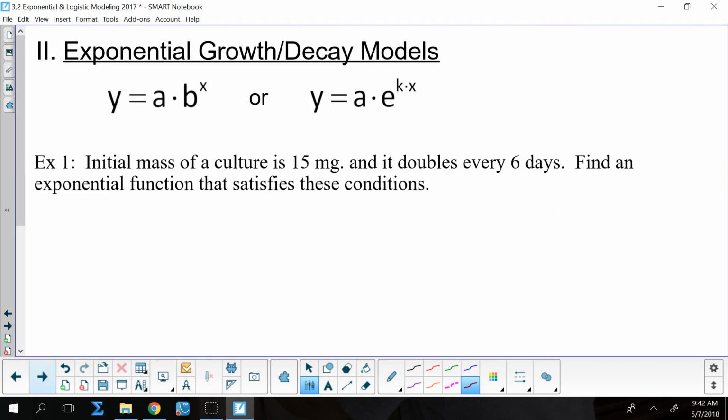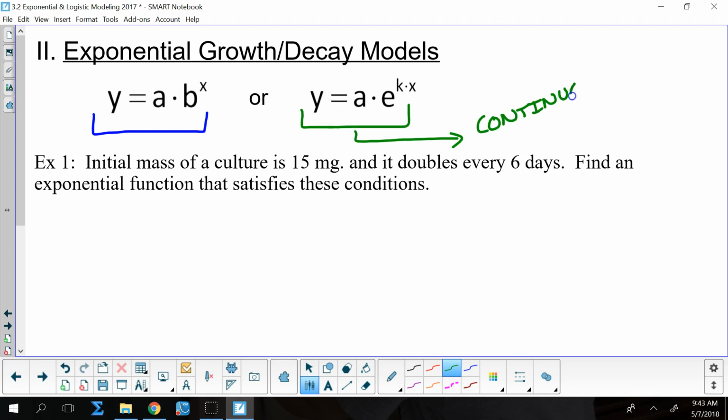All right. So, exponential growth and decay models. We have our standard, regular, old, run-of-the-mill exponential growth and exponential decay. And then we have the one where it's base E. If it's base E, we call that our continuous growth or decay model.